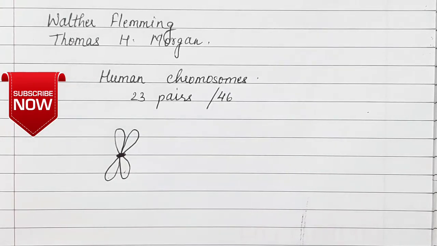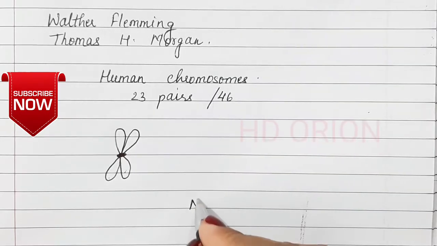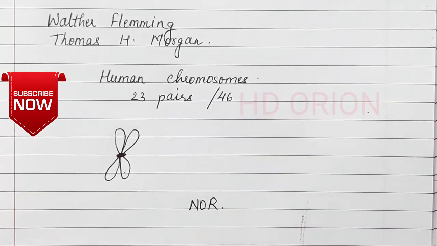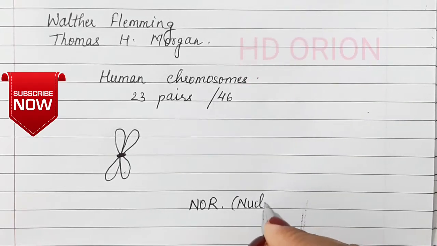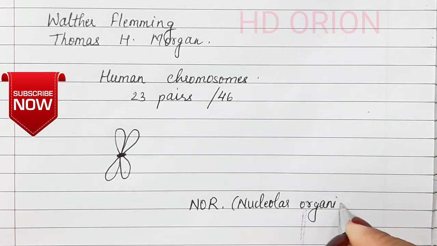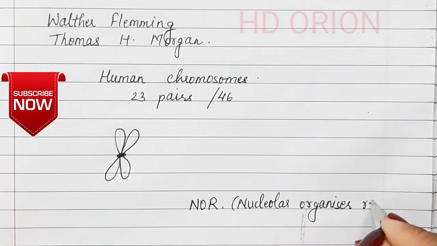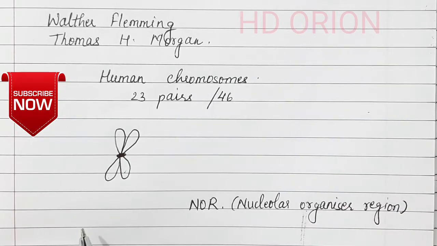Primary constriction is present in all chromosomes, but secondary constriction is not present in all the chromosomes. Secondary constriction tells the locations at which the nucleoli are assembled. It is also called NOR, nucleolar organizer region, because it is involved in the formation of the nucleolus.